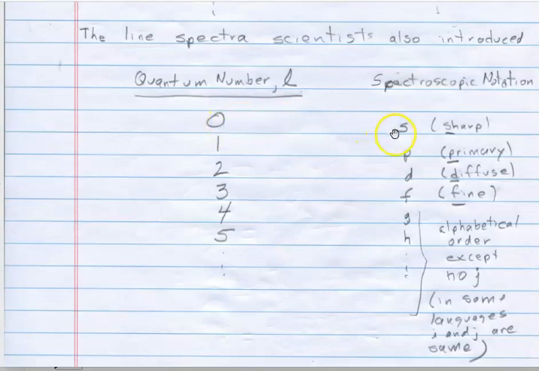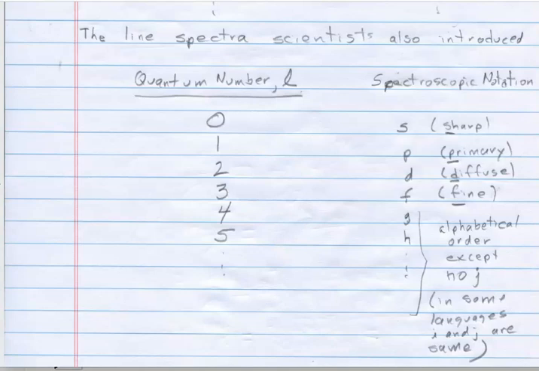L equal to 0 is an S state. L equal to 1 is a P state. L equal to 2 is a D state. L equal to 3 is an F state, and so on. After F, they just went in alphabetical order, except there is no J state if you go and look through these higher values, which is rare.